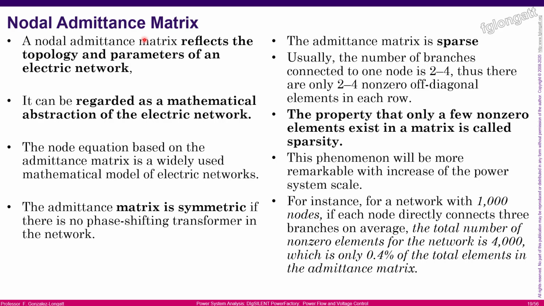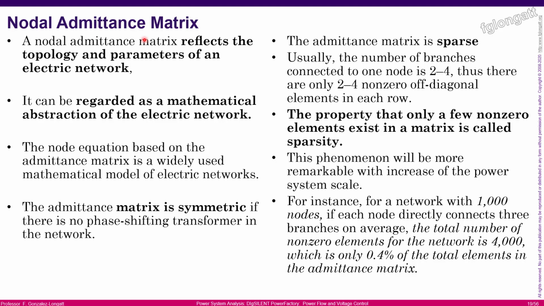However, you must understand something: the admittance matrix is a matrix, something abstract. It's not necessarily a description of the physical connection inside the power system. What I'm trying to say is the admittance matrix includes the connection topology, but using the admittance matrix, you cannot go back and find the topology.